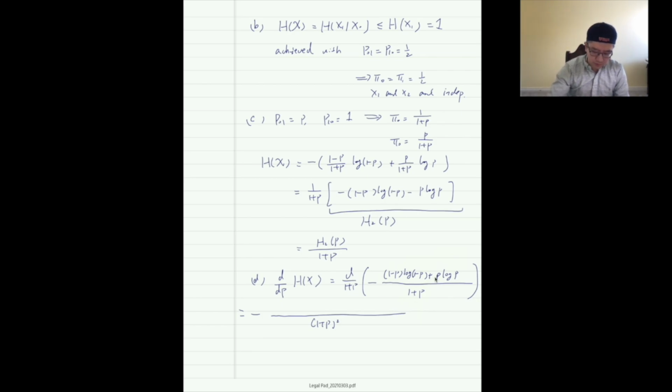The first one we don't change, 1 plus P, and then we take the derivative of the inside. For simplicity, we just assume all the logs are natural logs, so we don't have an additional constant to make our life troublesome.